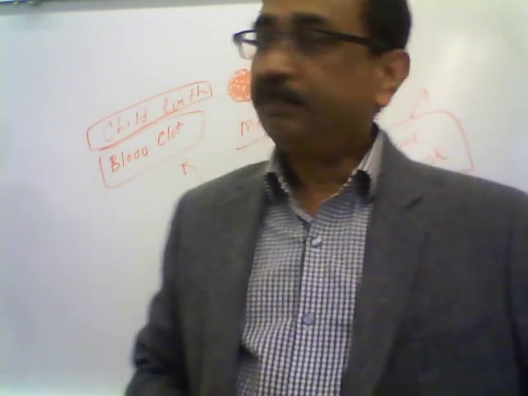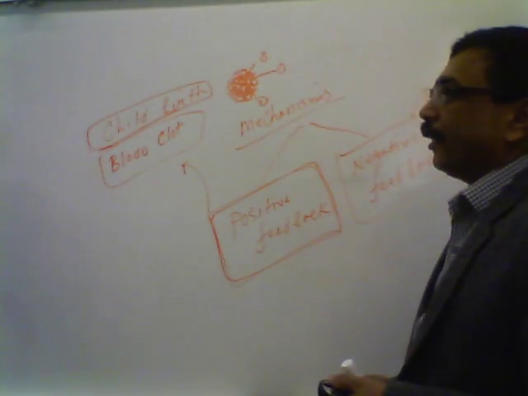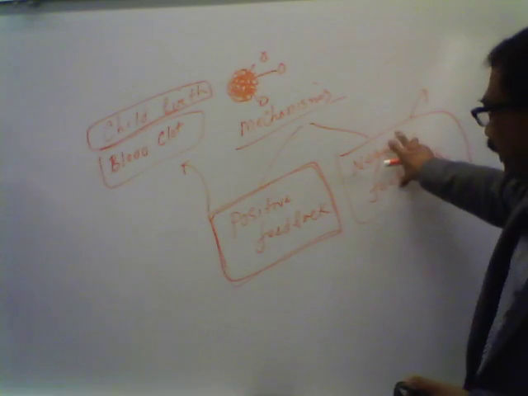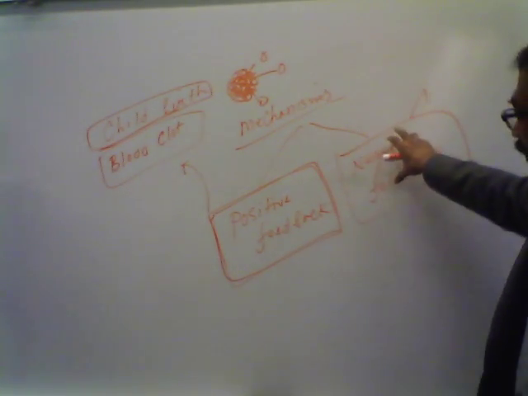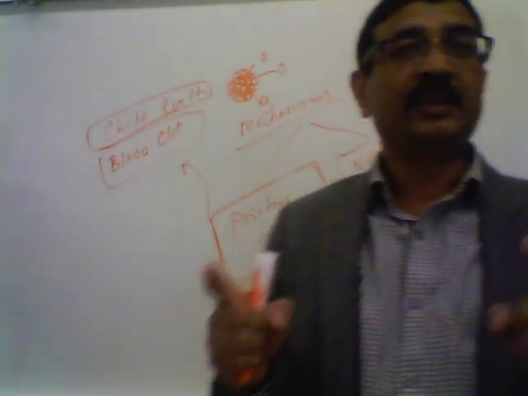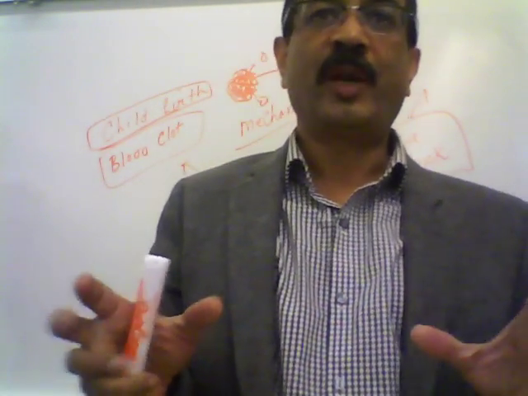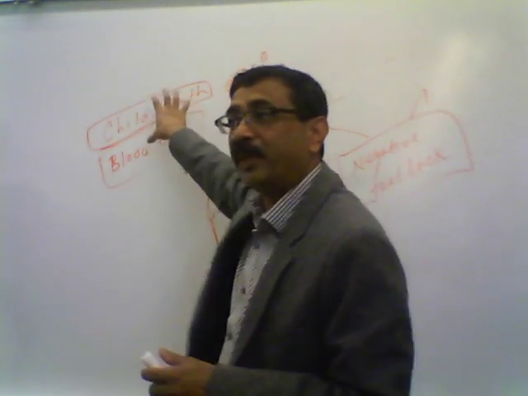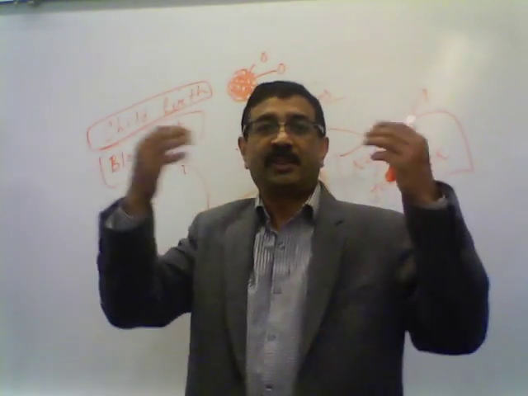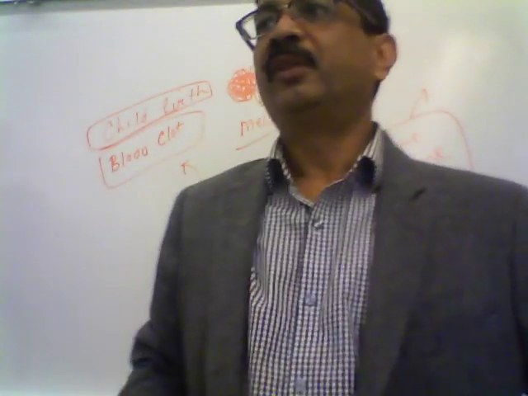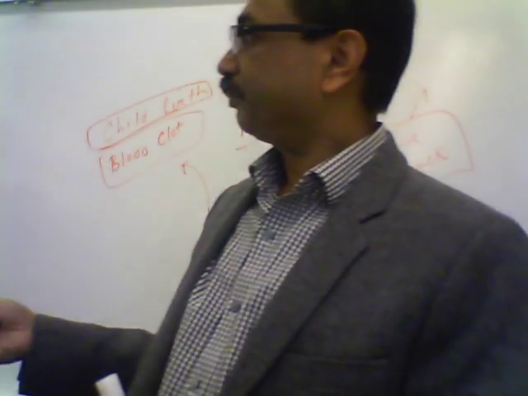So negative is to bring the function back to normal. Now see here, negative is to bring the function back to normal. Positive is to accomplish certain functions like childbirth or clot formation, to accomplish those functions.